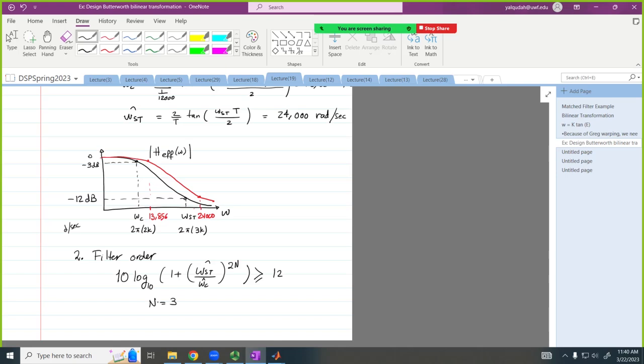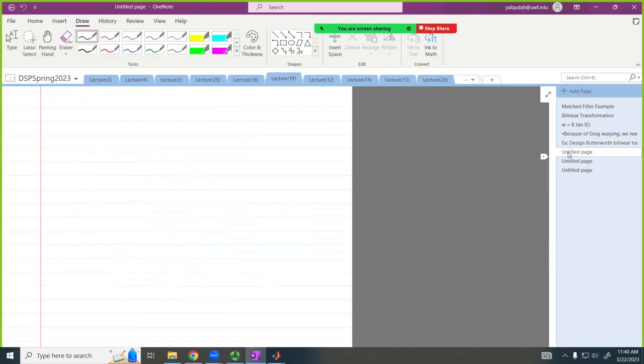We're going to go to the table and get the filter from the table. So from tables, we know what the continuous filter is going to look like. If it's a third order, it's going to be 1 over s cubed plus 2s squared plus 2s plus 1. What do we have to do now? Unnormalize.